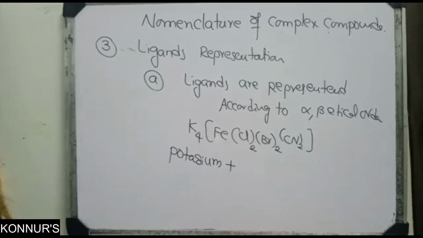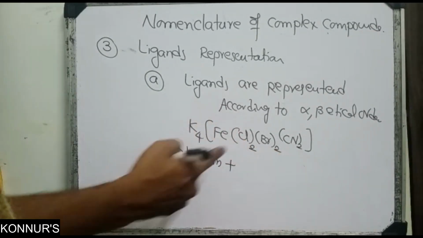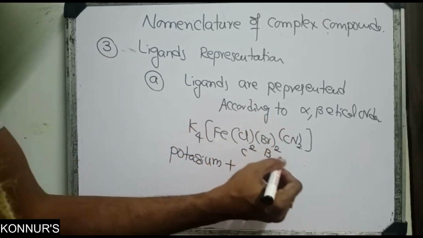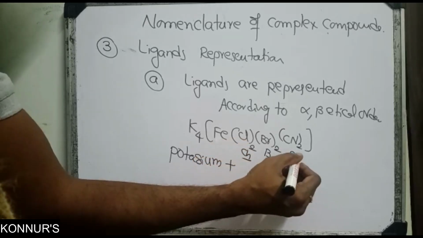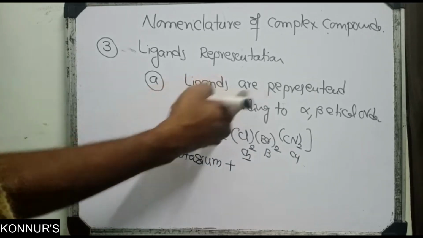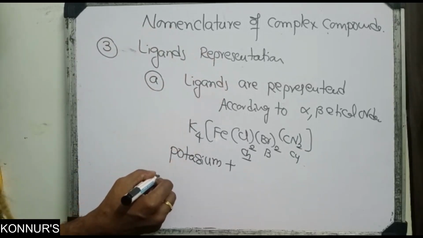Next is the negative, the complex sphere. In the complex sphere the ligands are different: chlorine is C, bromine is B, cyanide is C. So chlorine is CH, cyanide is CY. In this also, first you take alphabetical order.